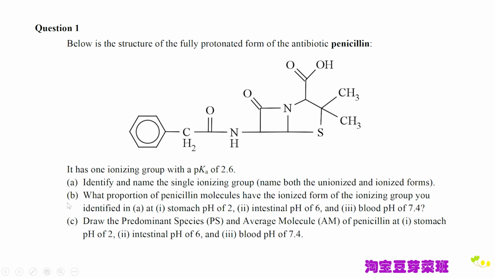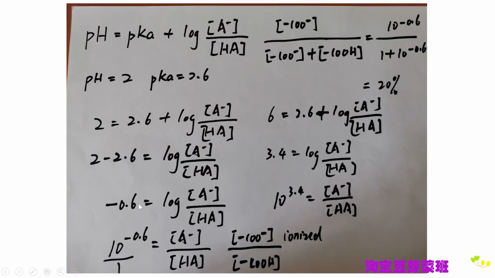And then we look at question B. What proportion of penicillin molecules have the ionized form of the ionizing group you identified in A at stomach pH of 2, intestinal pH of 6, and blood pH of 7.4? For this question, we simply use the Henderson-Hasselbalch equation and plug in the numbers. So let's look at pH of 2.